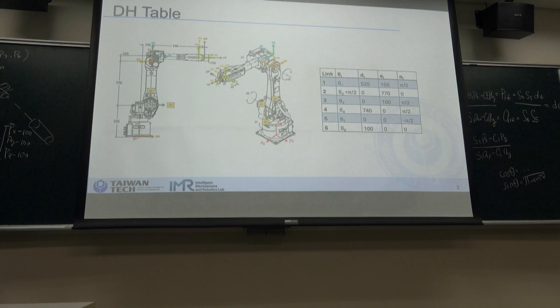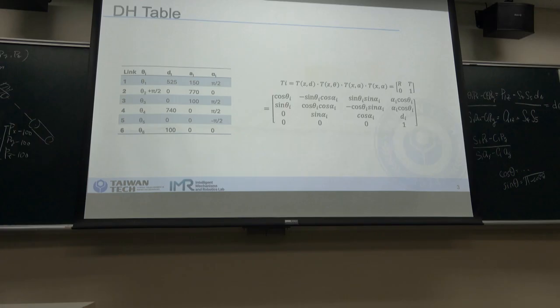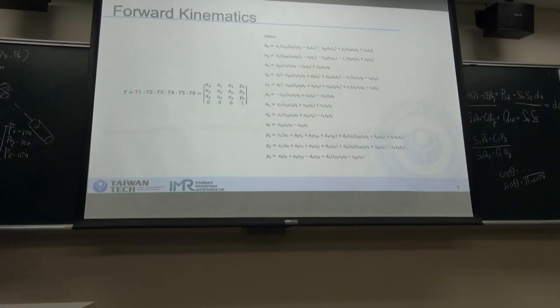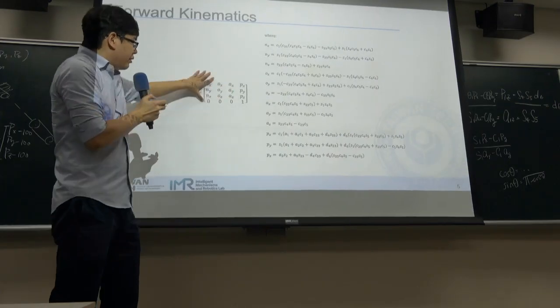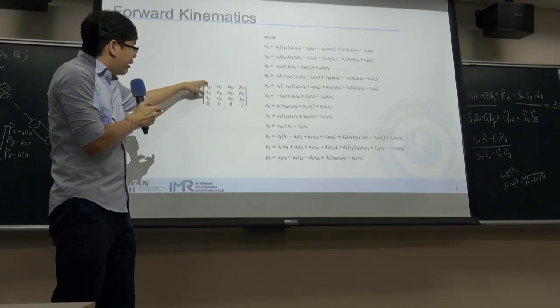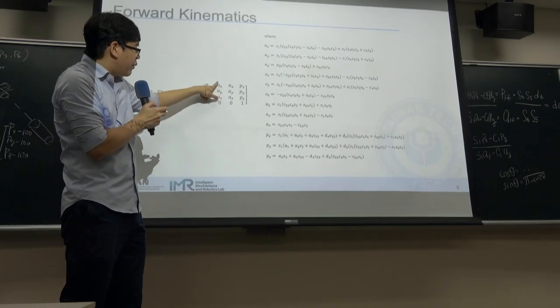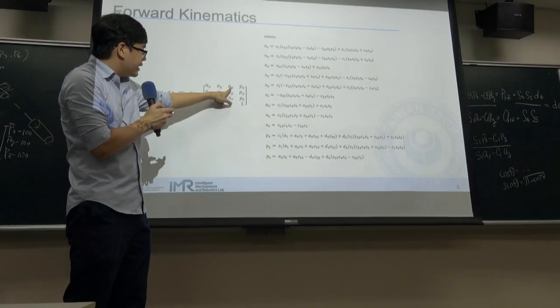times this direction, and this direction will be your z direction. If you see your rotation matrix, this is the direction of x, this is the direction of y, and this is the direction of z.